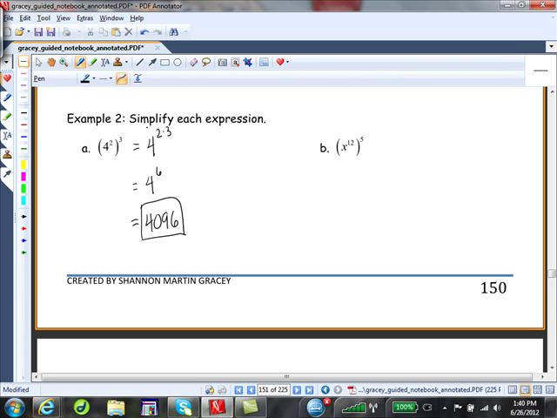And notice that going from here to here, we were able to remove the parentheses. All right, part B, this would be x to the, good, 12 times 5. This is x to the, wow, 60th power. We're done.